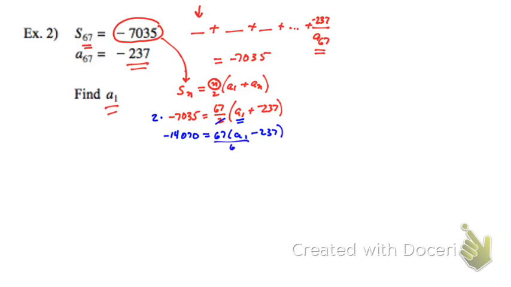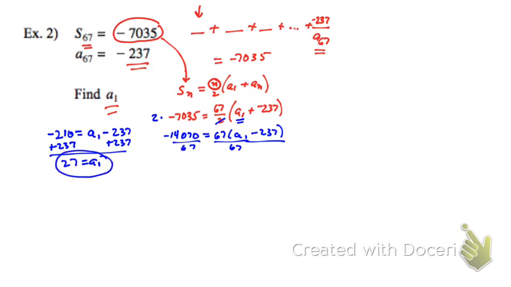Then we can divide by 67 and we get negative 210 equals our first term minus 237. Add our 237 and we find out the first number in line that we added was 27. Okay, so there was a 27 sitting right there in the first spot.